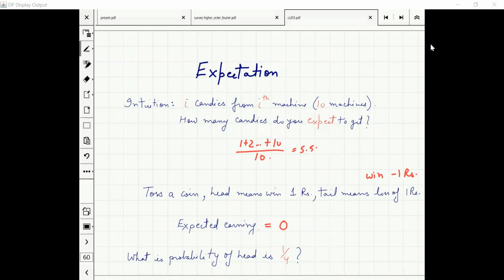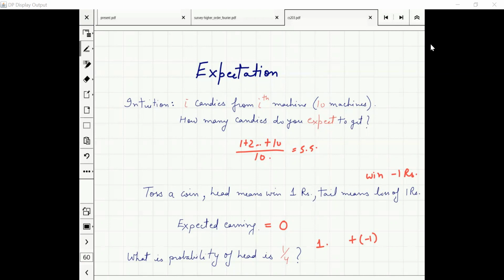We will take it like probability for head. If we get a head, then our earning would be 1, and for tail our earning would be minus 1. And the probability of getting a head is 1 by 4.